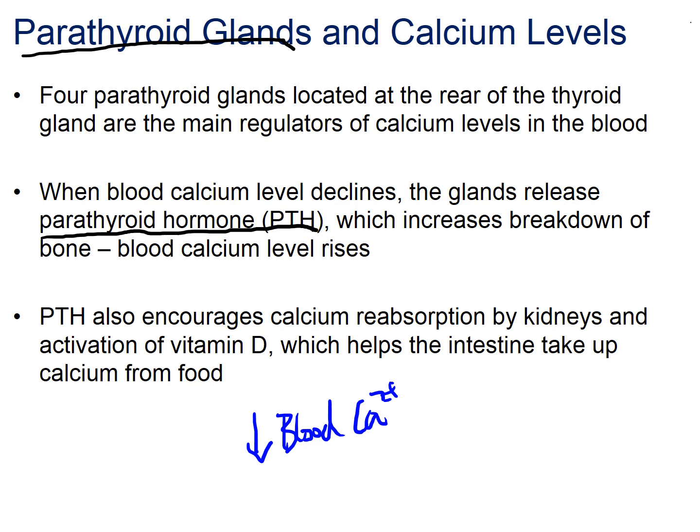And the PTH will help you bring the blood calcium level back up by promoting reabsorption of calcium in the kidneys, and activation of vitamin D, which will help you absorb calcium from the intestines. It will also break down a little bit of your bone, stimulating those osteoclasts, which would dissolve the calcium from the bones and make it available in the bloodstream.